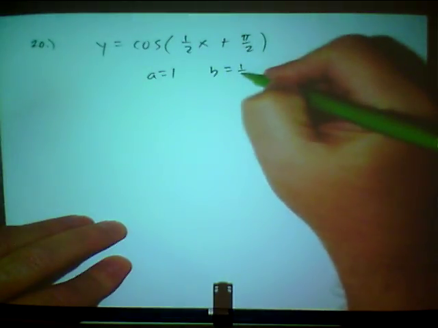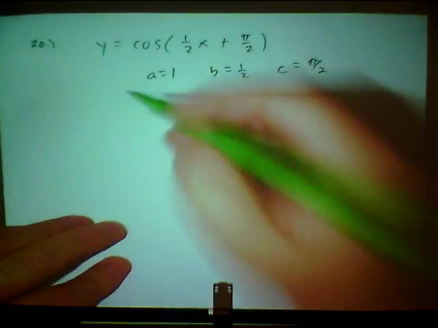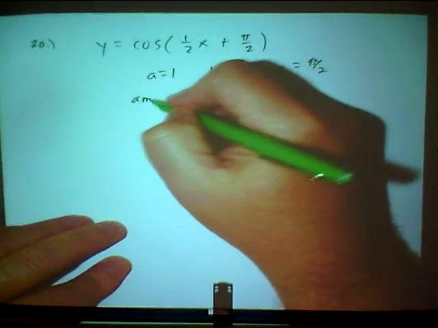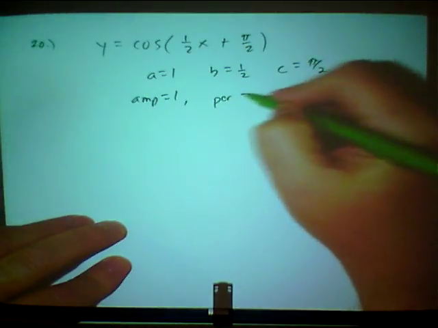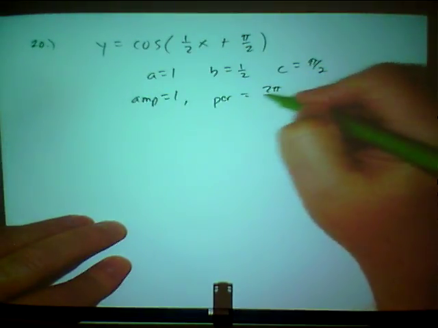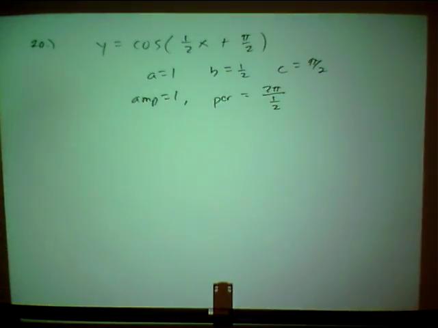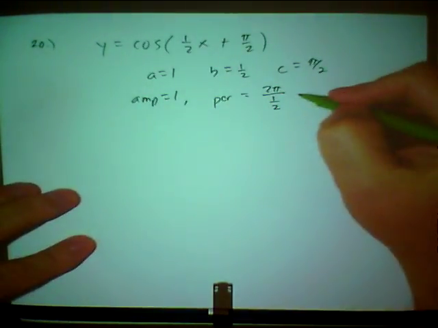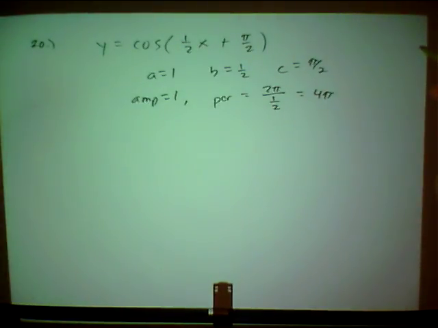B is 1/2, and c is pi over 2. So the amplitude is 1. The period is 2 pi over 1/2. If you do this little calculation, you end up with 4 pi. So the period is 4 pi.